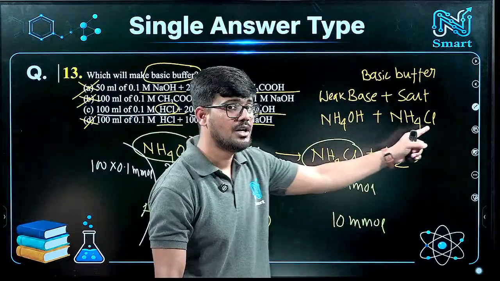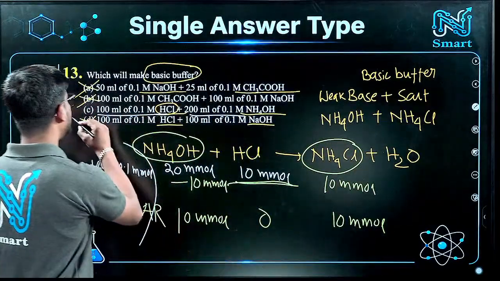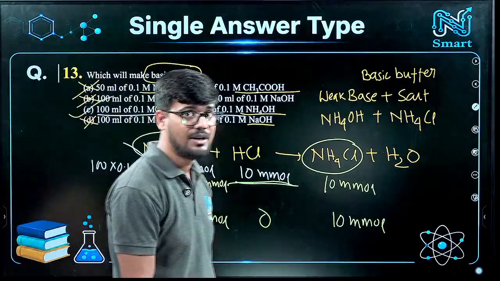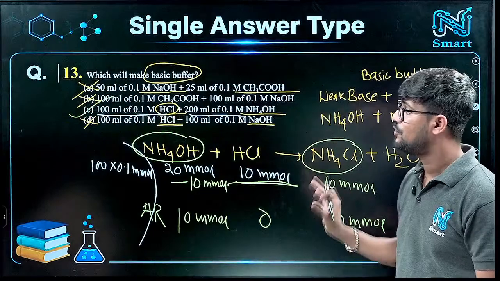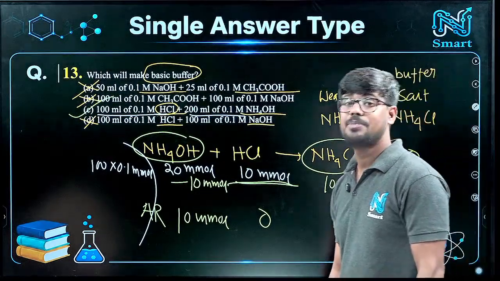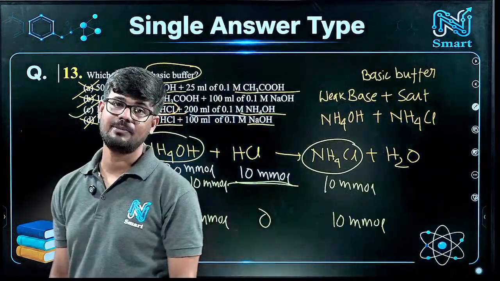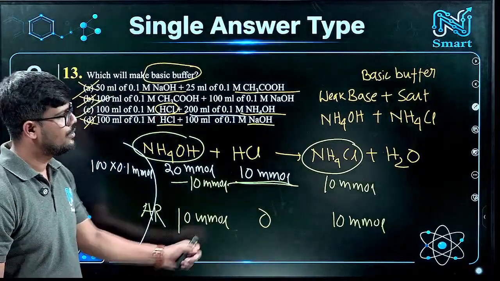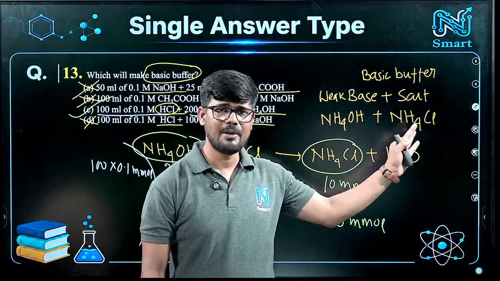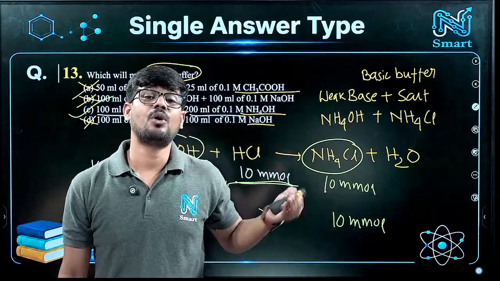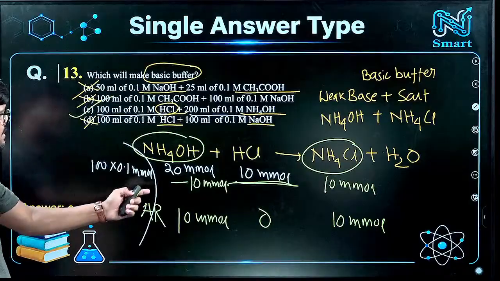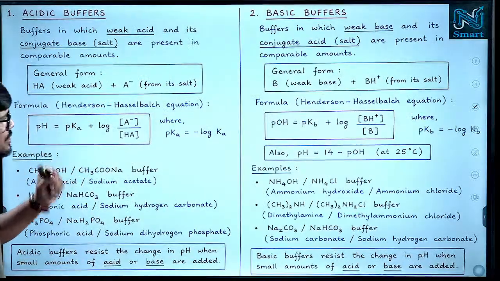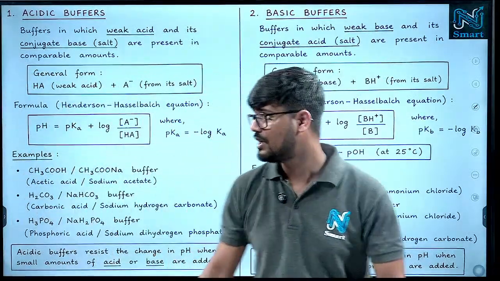That means it will give a basic buffer, right? A buffer-related question we are expecting again. This is a very important topic, how to calculate pH for a buffer solution, acidic buffer, basic buffer. I have given only one example, so what are the other examples? Based on that we have this topic. So here the answer is C.